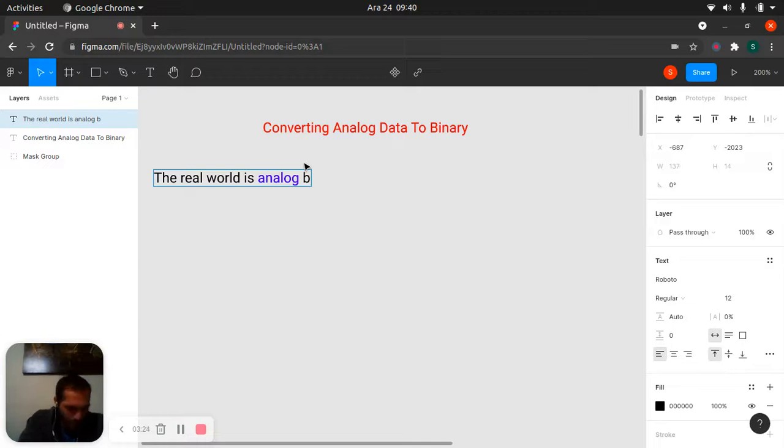Analog, right? Then you can put there: analog, a continuous stream of varying data. Okay, this is good.